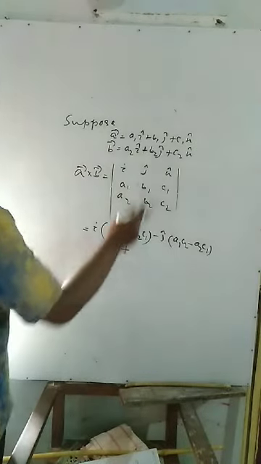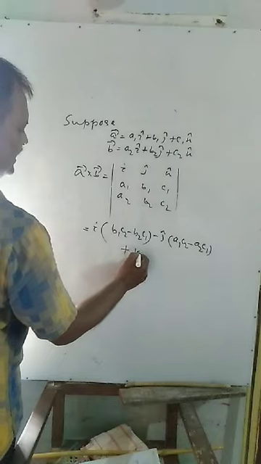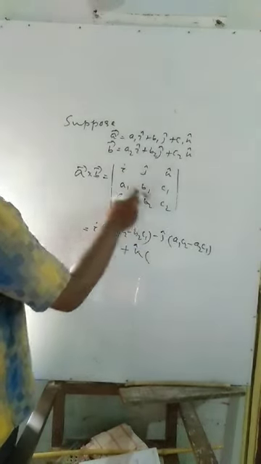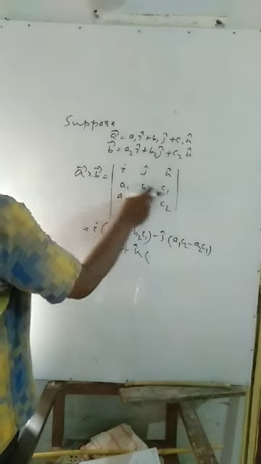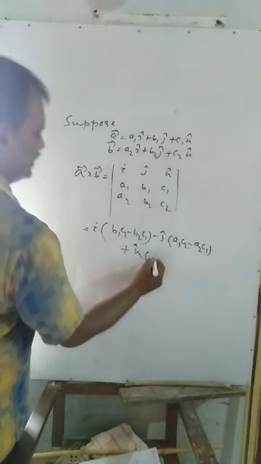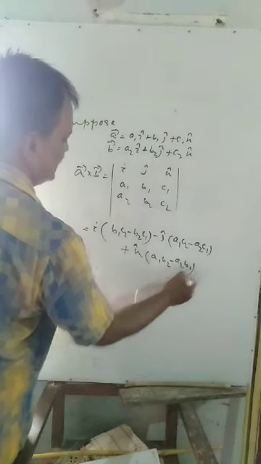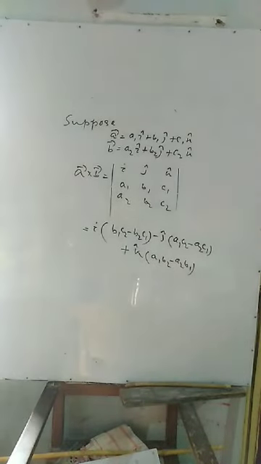The last one is plus k cap into, leaving this column and this row, A1 B2 minus A2 B1. So this is the cross product between the two vectors.